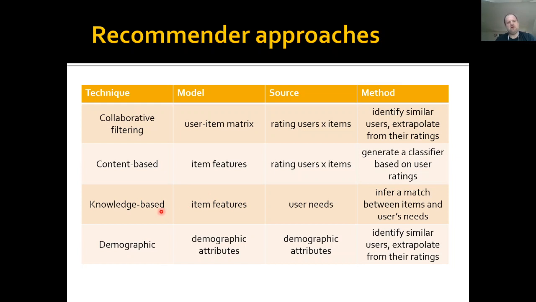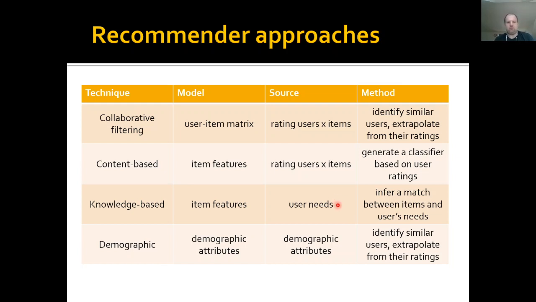The third technique is, as I said, knowledge-based, and it's used in cases where we don't have simplified input like ratings or just features. We have some specific user needs that might be somehow represented. It's always by a knowledge base, but it could be by some conditions and constraints, or it could be by some examples.